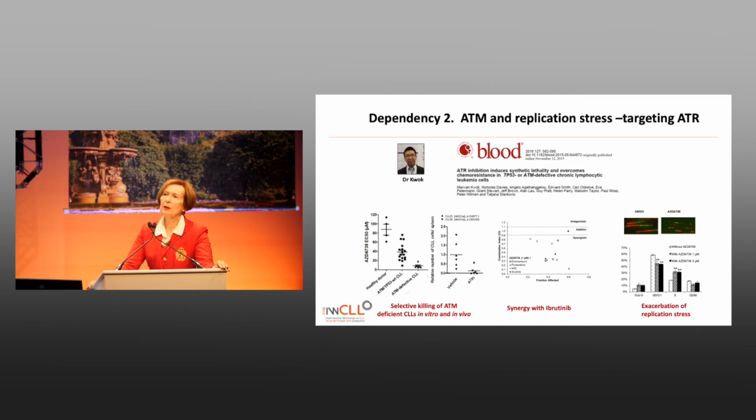And in similarity to PARP inhibition, killing here does not involve the p53 pathway, but rather a dramatic effect on progression of replication forks, which become much shorter in ATM deficient and p53 deficient cells upon ATR inhibition.